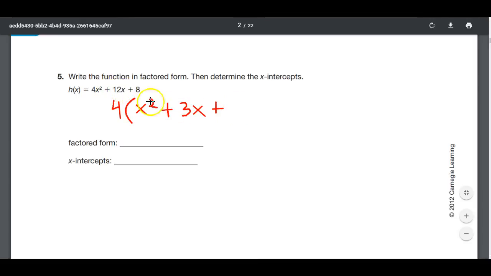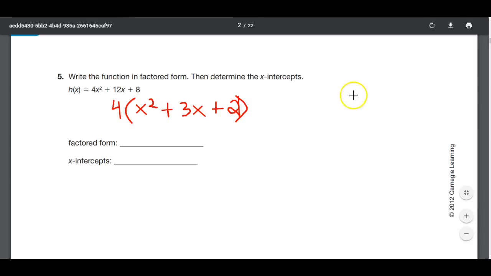And how did I get 3? Well, I divide everything inside by 4. I'm pulling 4 out, so I divide 4x squared by 4, and that leaves me x squared. 12x divided by 4 gives me 3x left, right? And then plus 8. 8 divided by 4 is 2. So that is what we sometimes call reverse distribution. It's basically the distributive property where we're factoring out the 4.